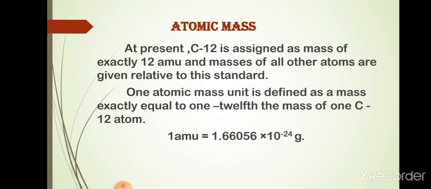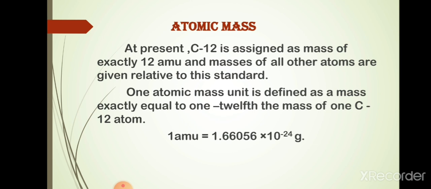In 1961, the scientists agreed to use carbon-12 as a standard base due to the abundance of carbon-12. Hence, in the present system, carbon-12 is assigned a mass of exactly 12 atomic mass unit, that is 12 AMU, and masses of all other atoms are given relative to this standard.